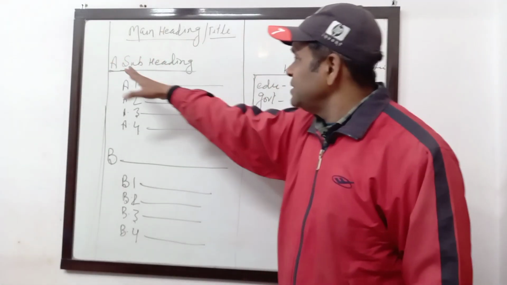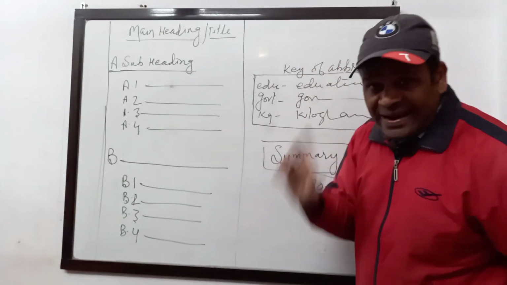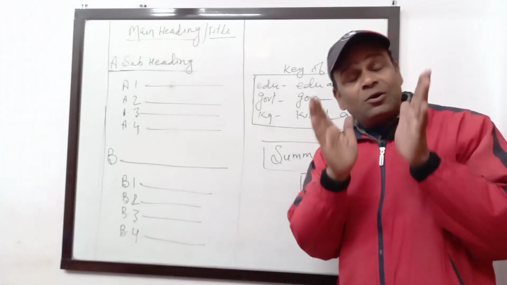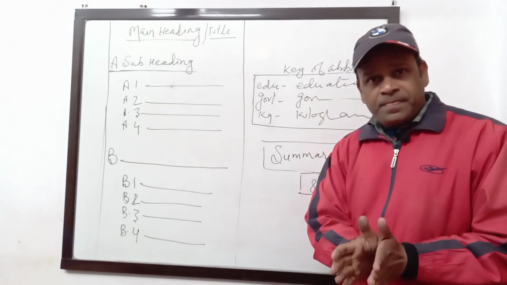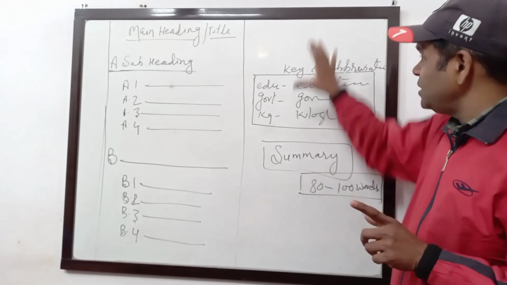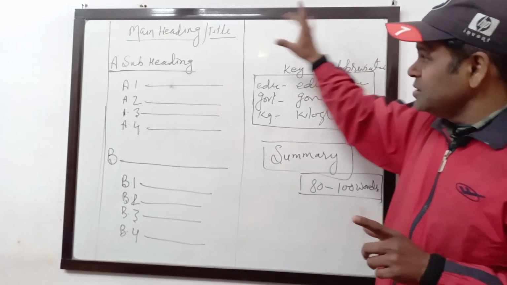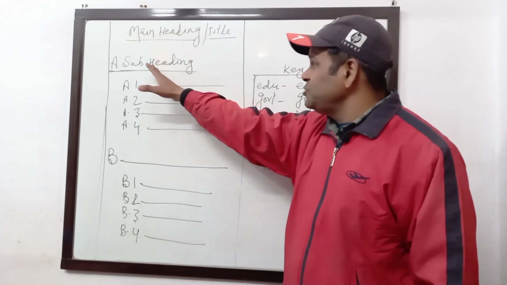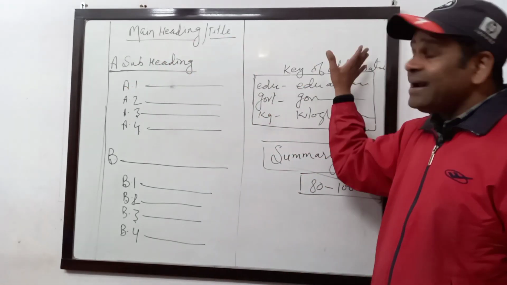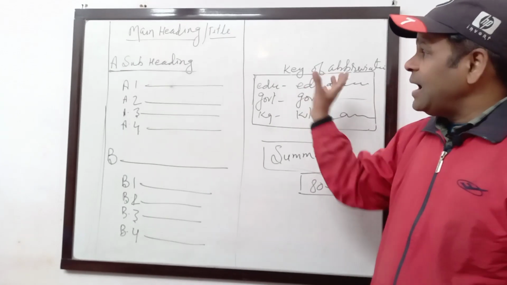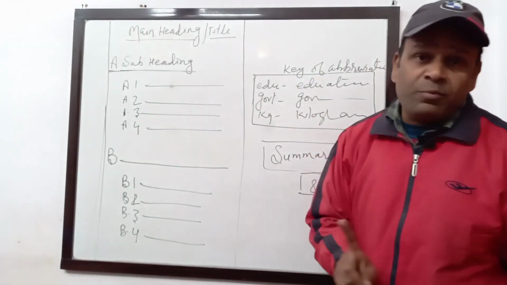Once you have written this, what is the second task? That is to give a title to that particular part. Two titles are given, one for the complete passage and one for the small part that you have chosen. So it will be called a subheading. After choosing the subheading, select the minor points from the para, and start writing those minor points.